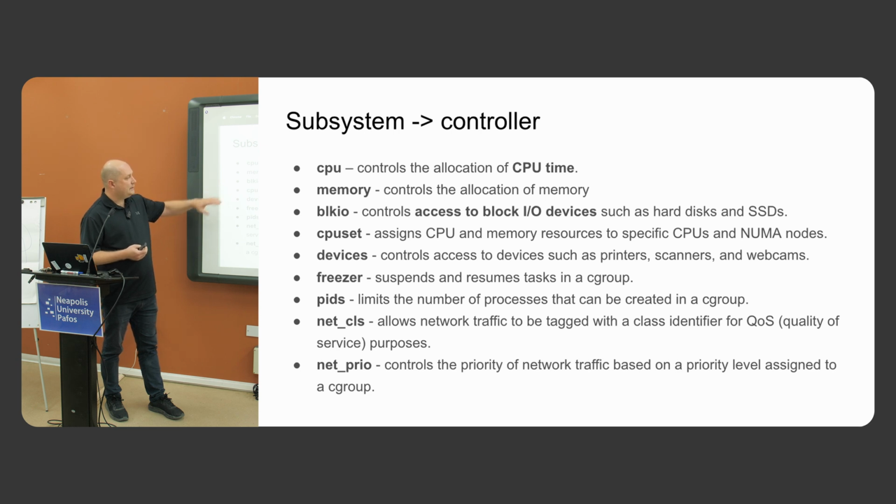So cpuset controls the affinity of processes to CPU cores. Devices, it's device files actually. Freezer, very nice, I'll tell about it. PIDs, this is the number of processes which can be created inside a process group.